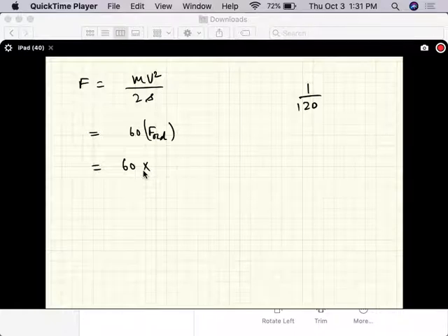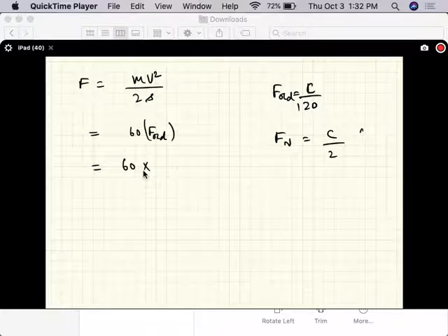The old force had 120 on it. What you want is, okay, the old force is some constant times 120. The new force is the same thing except with 2 meters underneath.